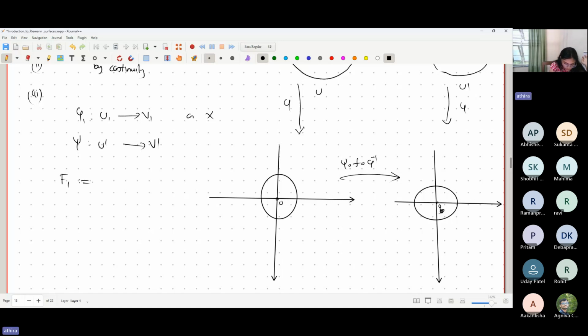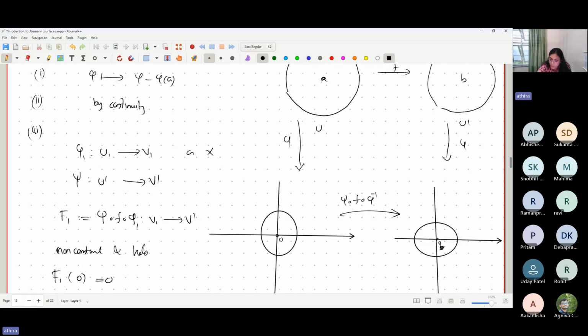And F1 is defined as psi composite with F composite with phi 1 from V1 to V prime. This is non-constant. Since small f is holomorphic, this is also holomorphic. And F1 of 0 is mapping to 0, because here 0 is the image of A, which is mapping to B, and B here is mapping to 0. That means F1 is mapping 0 to 0.